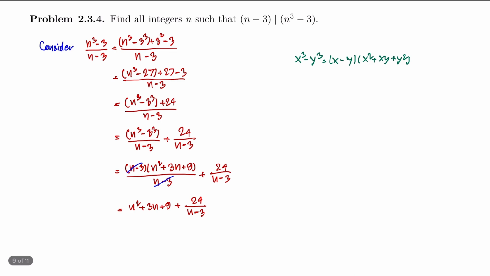So our objective is to find all integers n such that n minus 3 divides n cubed minus 3.